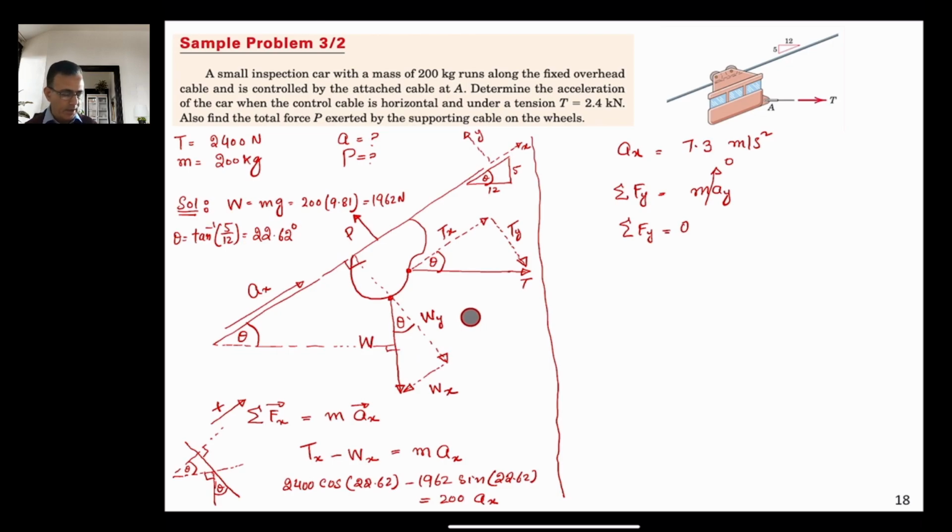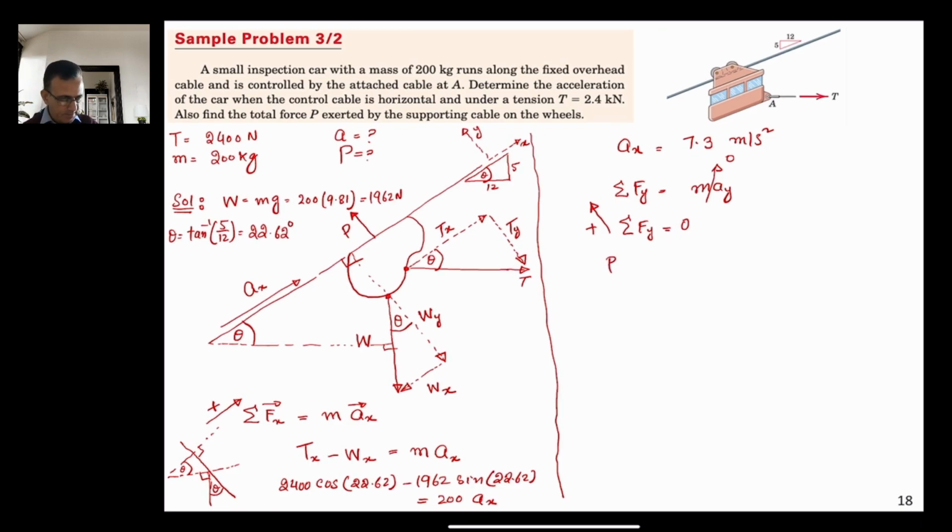This means that we will need to collect all the forces in y direction now. So again, we will assume that this is our positive y direction, and we will take all the forces in positive y direction as positive. The first force is P here, which is in the positive y direction.